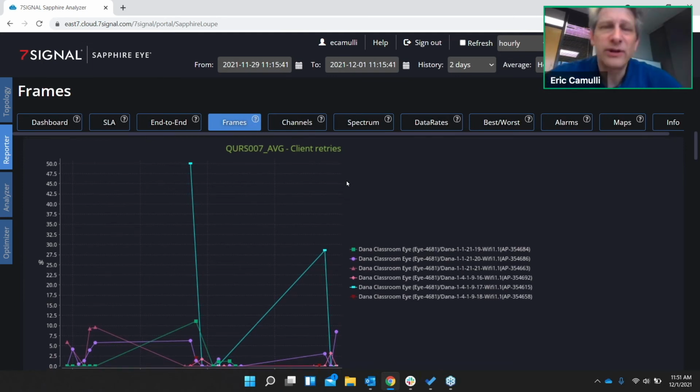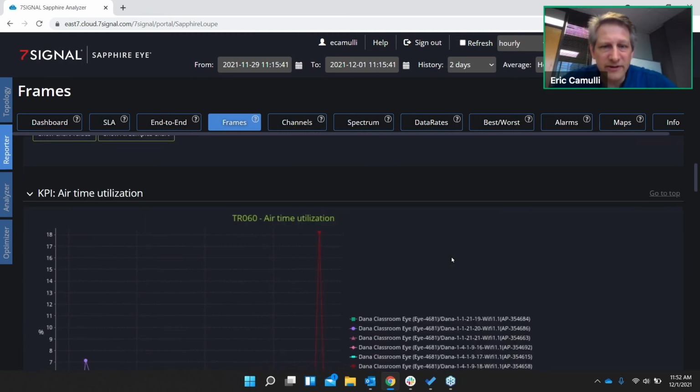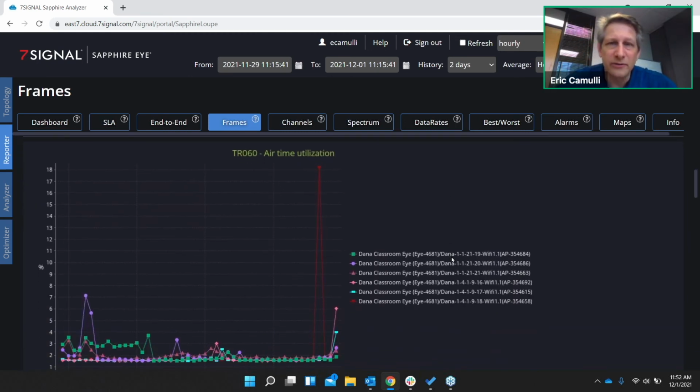Now, the other thing that we had mentioned previously is that when you have too many retries in the air, that could also cause a problem with airtime utilization. All of those extra retries can lead to bigger problems, especially in 2.4, where airtime is so very precious. So when we look down here a little bit further, you can see that we are also measuring airtime utilization.